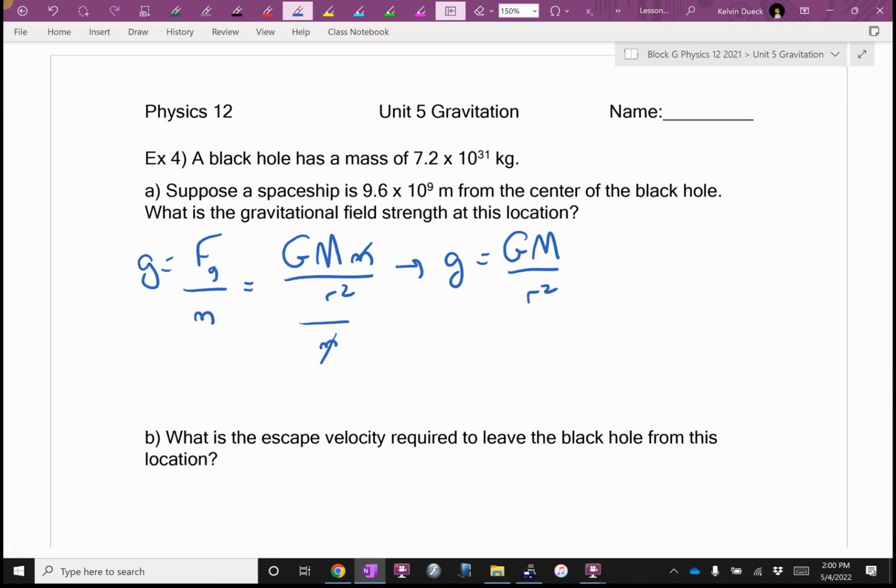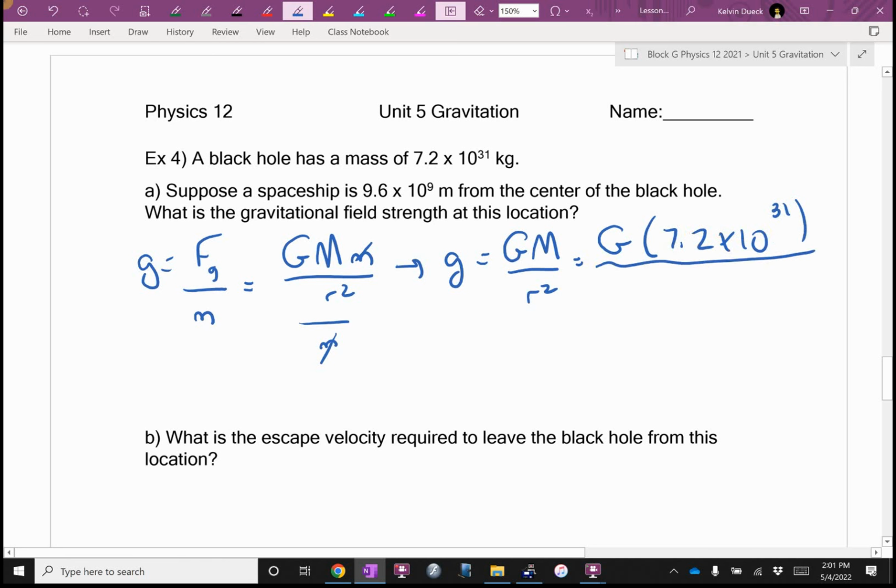All right, well, let's plug in our numbers. It's going to be big G. Looks like the mass of this black hole is 7.21 times 10 to the 31 divided by... Now, Mr. Dewick, I don't think I would get force mixed up because there's big M, but I don't see little m. Hey, I bet you on the test I'll also tell you the mass of the spaceship just to tempt you. 9.6 times 10 to the 9th, squared. Where isn't it squared?